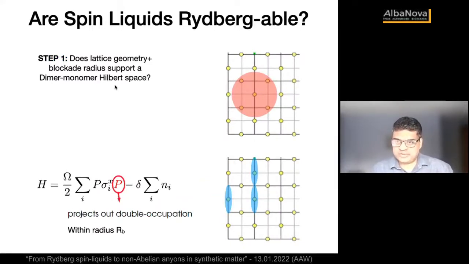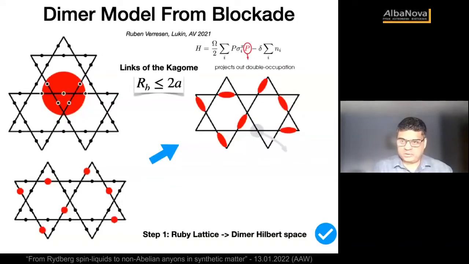You take the most obvious lattices, like a square lattice, and think about a circle centered at the center of this site. You don't really end up getting a dimer model. You get something else. This does not really define a Gauss law, if you like. It has some other strange constraint that doesn't really get you into this interesting space corresponding to the quantum spin liquids. Maybe it's interesting in some other ways, but not the way that we are interested in. The one exception we found where everything seems to work out beautifully was for this particular lattice.